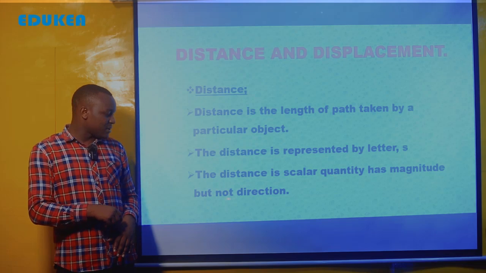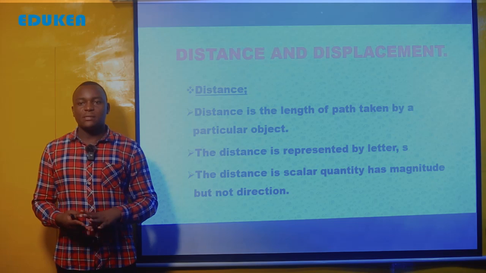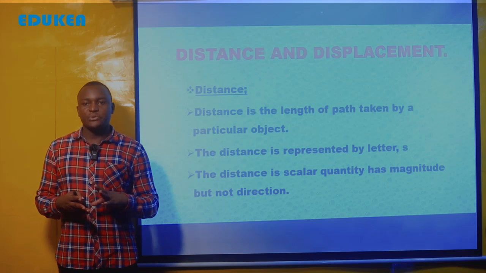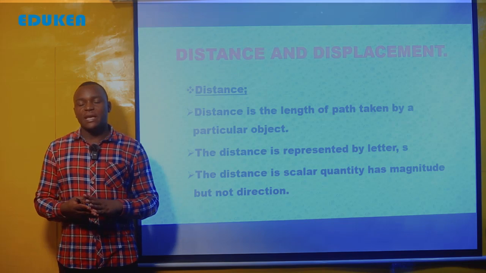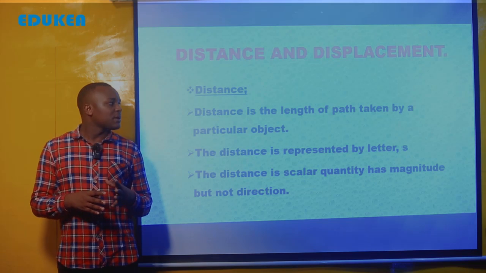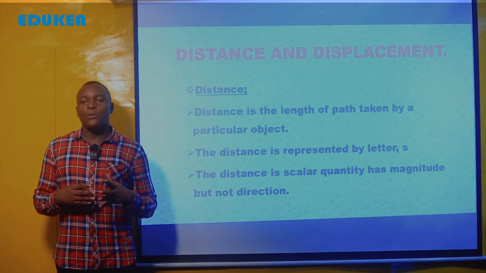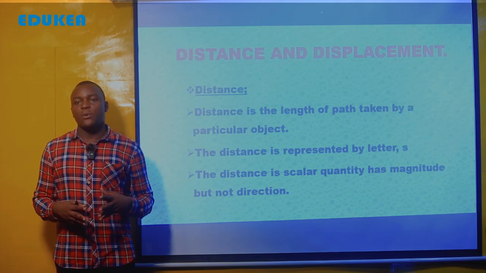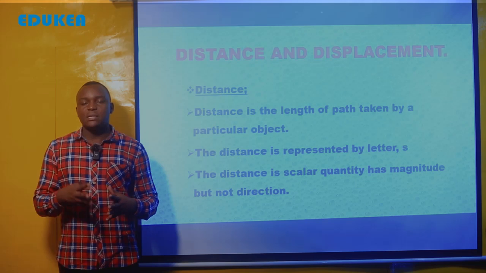Kwamba distance ni scalar quantity kwa sababu yenyewe ina magnitude but it doesn't have direction, kwa sababu unapofanya mjongeo ambao tunasema ni distance unakuwa hauna specific direction, lakini magnitude unakuwa nayo. Kwa hiyo hicho kinasababisha distance kuwa scalar quantity.